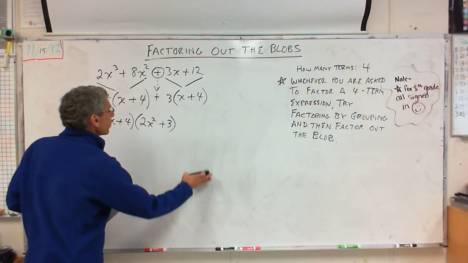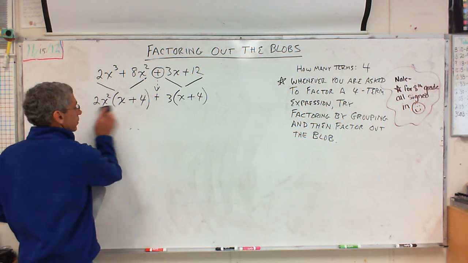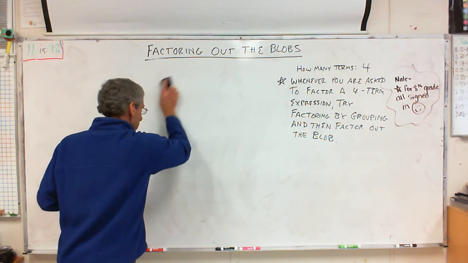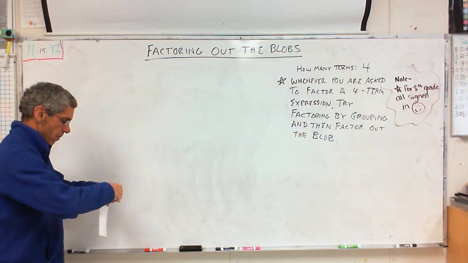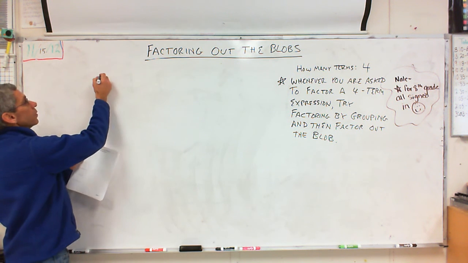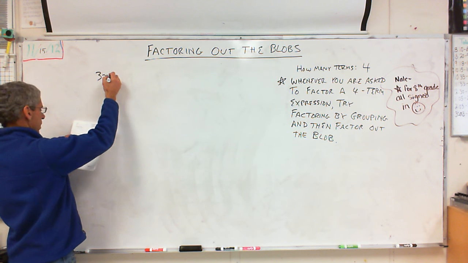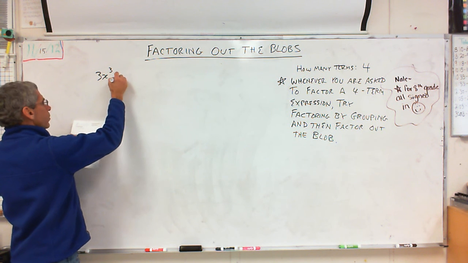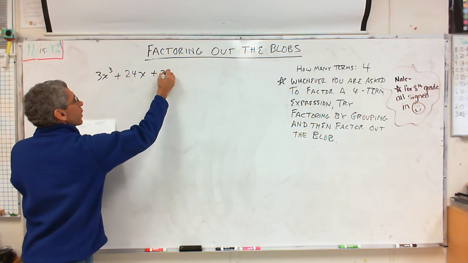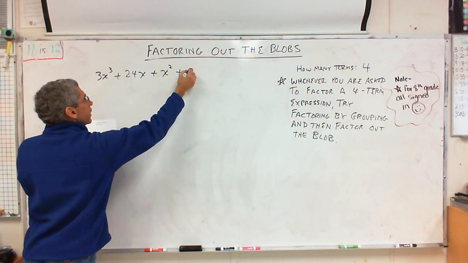All right, let's try a couple. Well, let's try one more maybe. So let's try this one. 3x cubed plus 24x plus x squared plus 8.